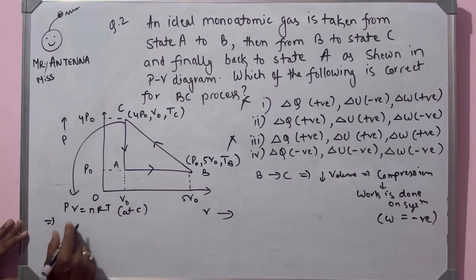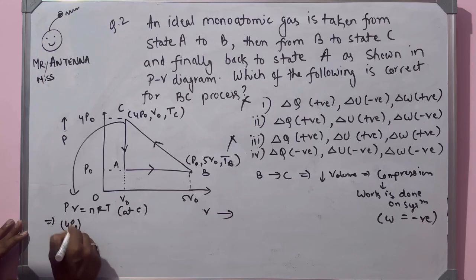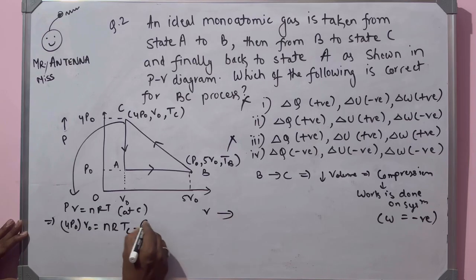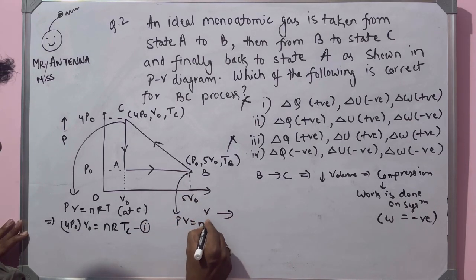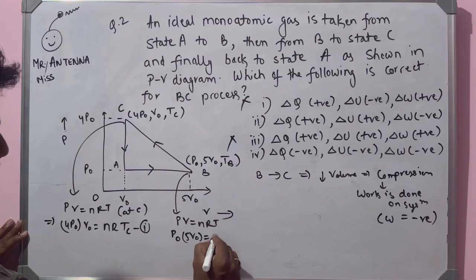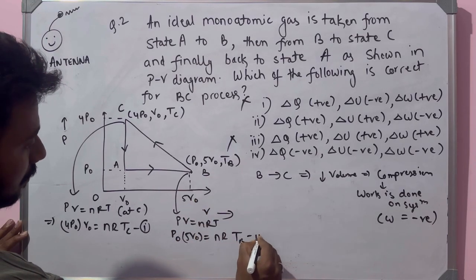At C, pressure is 4 P naught, volume is V naught, number of moles of gas is n, R is a constant, temperature is TC. I'll call it the first equation. Similarly at B, applying the ideal gas equation PV equals nRT, pressure is P naught, volume is 5 V naught, number of moles same, R gas constant same, temperature TB. Let's call it equation number 2.